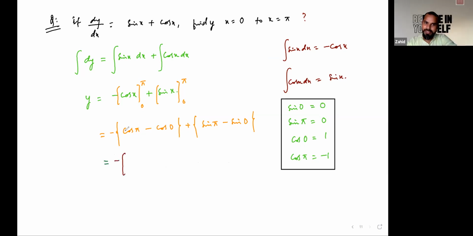Minus cos pi is minus 1. So minus cos 0 is plus 1, plus sin pi is 0 and sin 0 is 0.